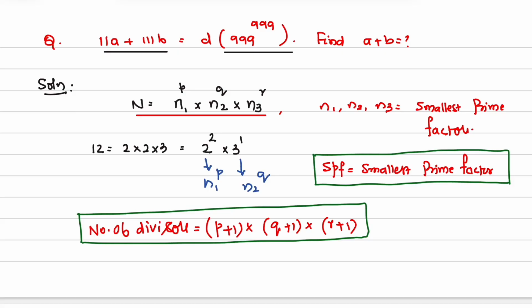For 12, how many divisors? 12 is equal to 2 to the power of 2 into 3 to the power of 1. That implies number of divisors will be, this is 2 and this is 1.